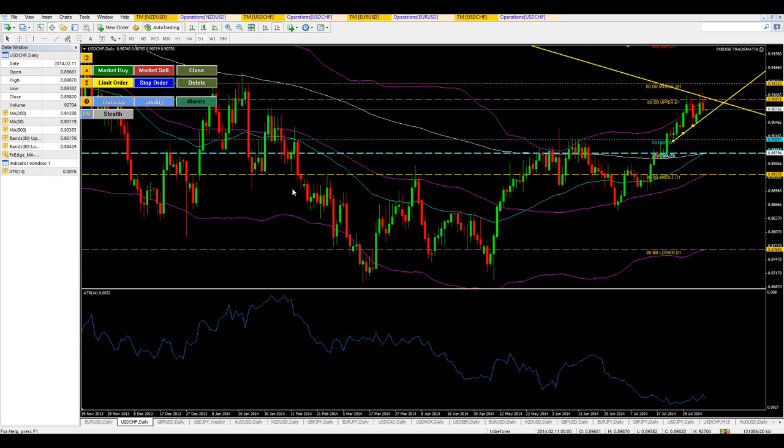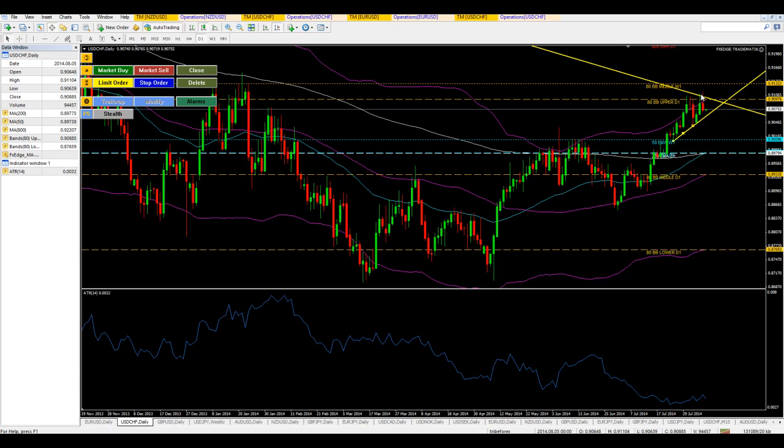On the dollar Swiss, our call worked out wonderfully well. We expected a sell at 0.9102. Price went against us about 10 pips and then went in our direction 30 odd pips. So that was a very good and decent day.